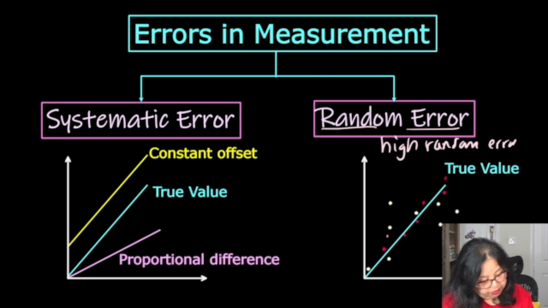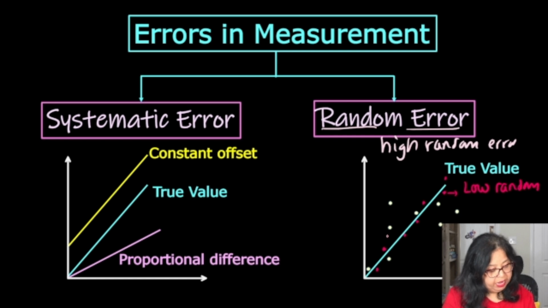Even now there is error. These dots are not on the blue line either, but they are very close to the blue line. So these pink dots, which represent my second data set, have low random error.